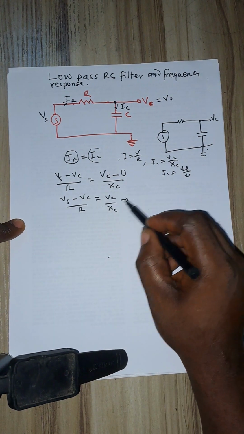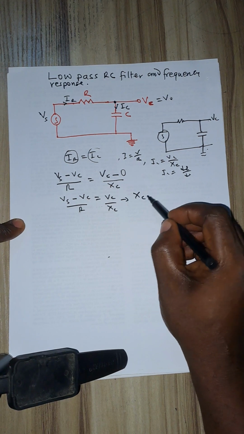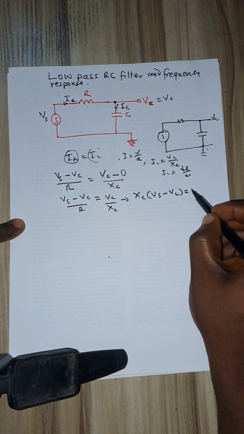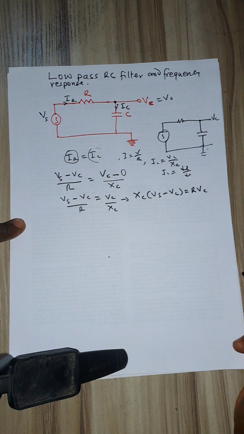If you cross multiply, you have Xc times (Vs minus Vc) equals R Vc. See that?